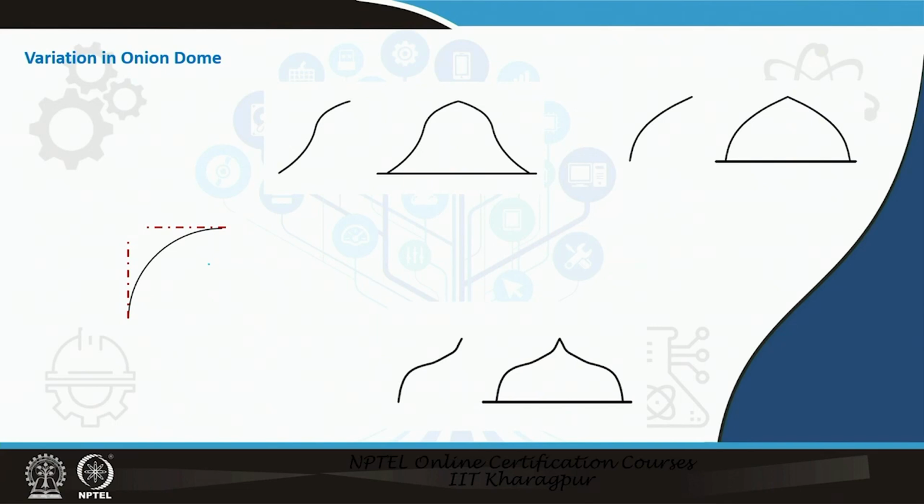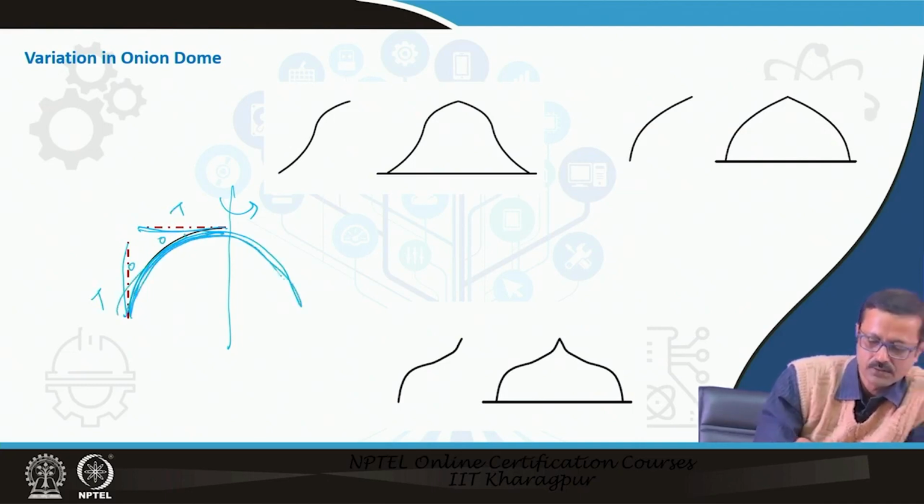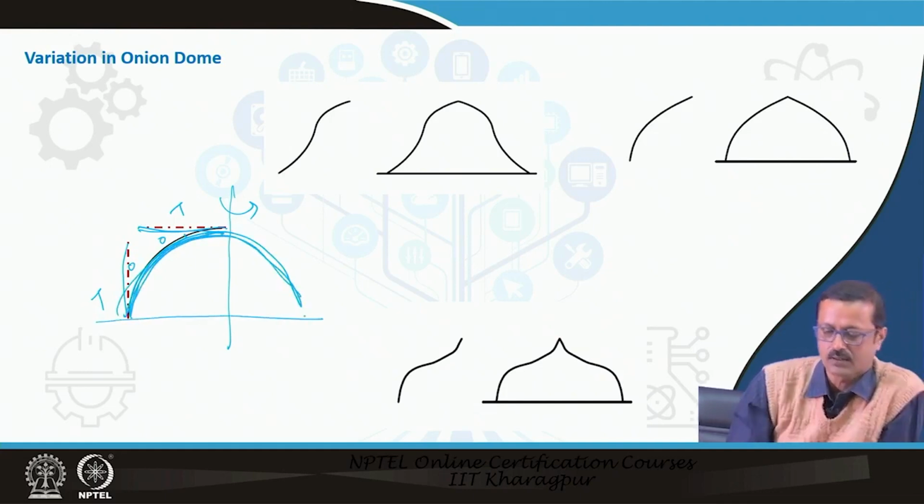Onion domes are widely used in Islamic architecture. In that, if you see, you have a rotation axis like this, and this is the generator. If the generator is perfectly a quarter of a circle, and the tangent angle is 0 degrees, then it will give you a perfect hemispherical dome.